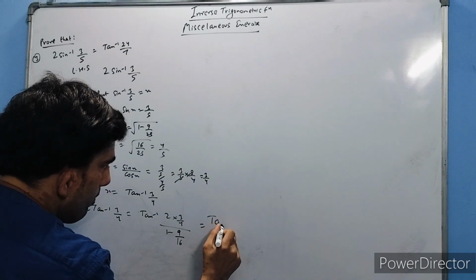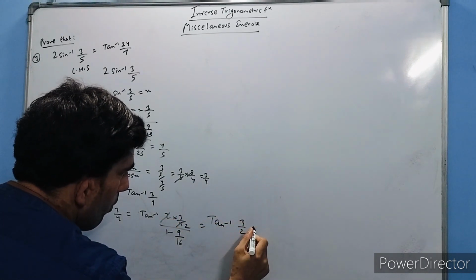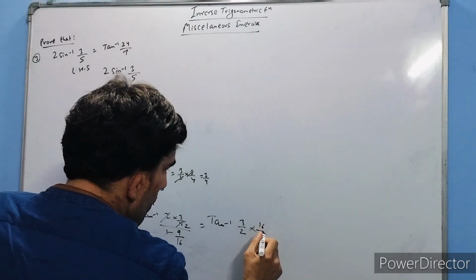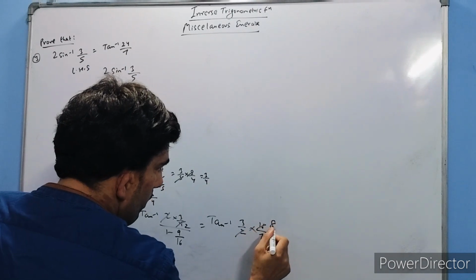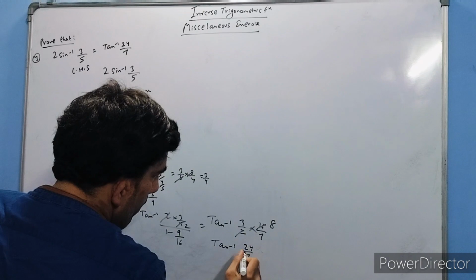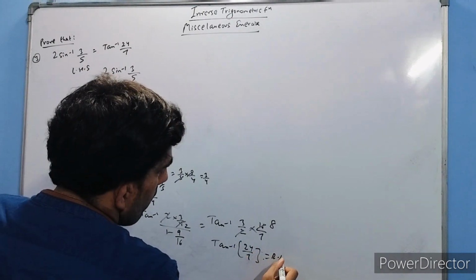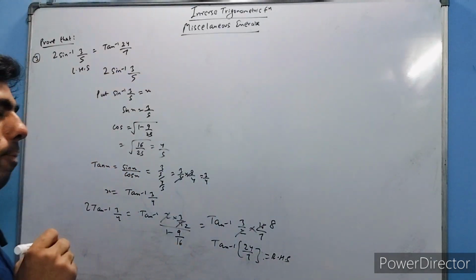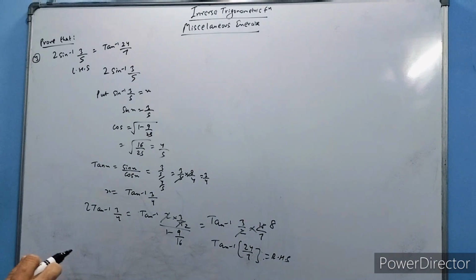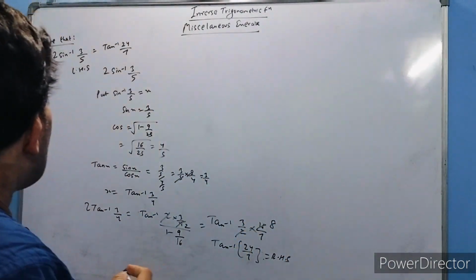What happens? 3 upon 2 into 16 upon 7, that is 24 upon 7. So I got tan inverse 24 upon 7, which is equal to RHS. So in a very simple way, we can easily prove such kinds of inverse trigonometric functions. So let us go for the fourth question.